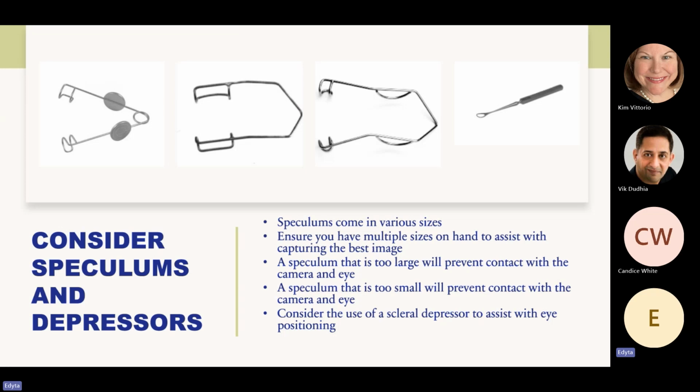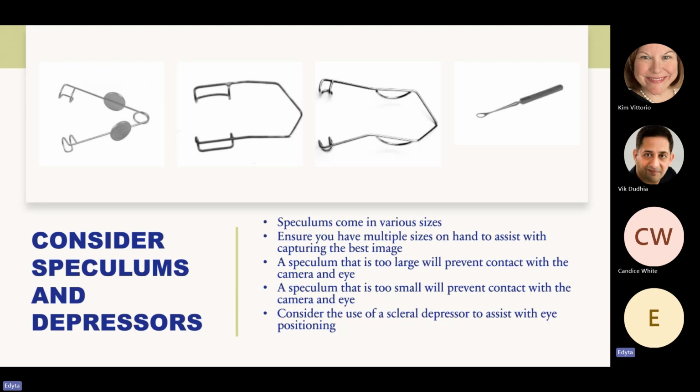Some are a little bit larger, some are a medium size, and some are smaller. You want to make sure that you have the right size for your baby, because if the speculum is too large, it's going to prevent contact of the lens of the camera and the actual lens of the eye. Same thing if it's too small.